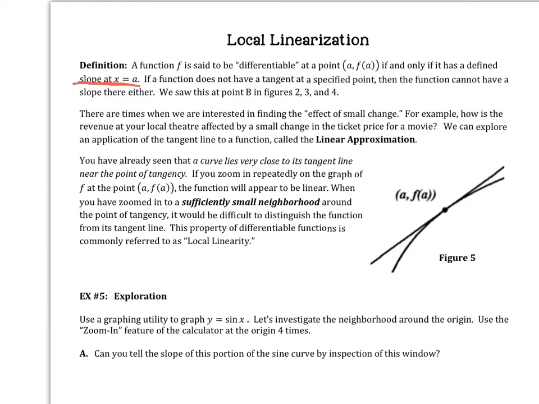So why are we using this? Well, here's an example. Say you're looking at the revenue at your local theater affected by a small change in the ticket price for a movie. To do that, we can use the application of the tangent line to a function, which is called the linear approximation. So you've already seen that a curve lies very close to its tangent line, near the point of tangency right here.